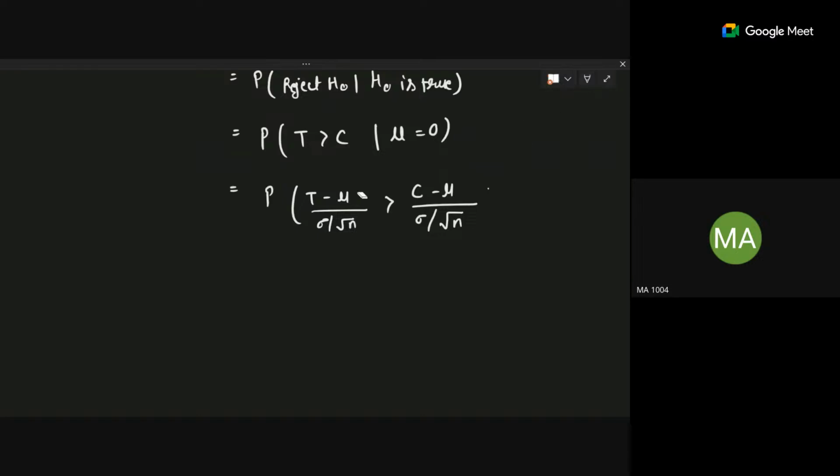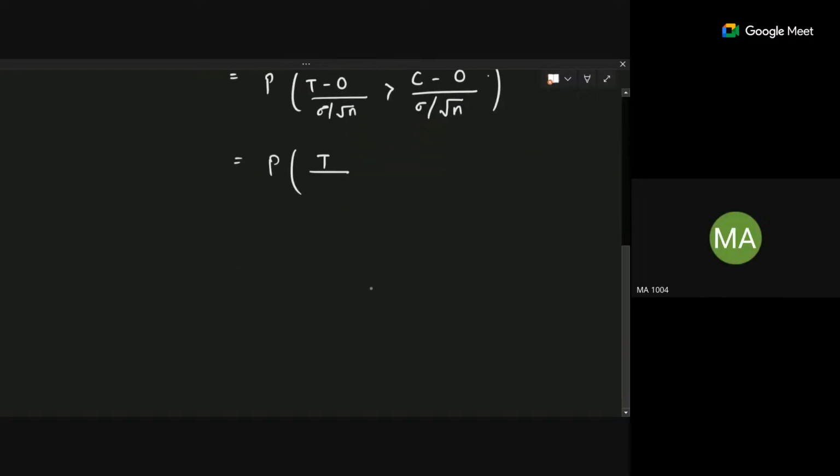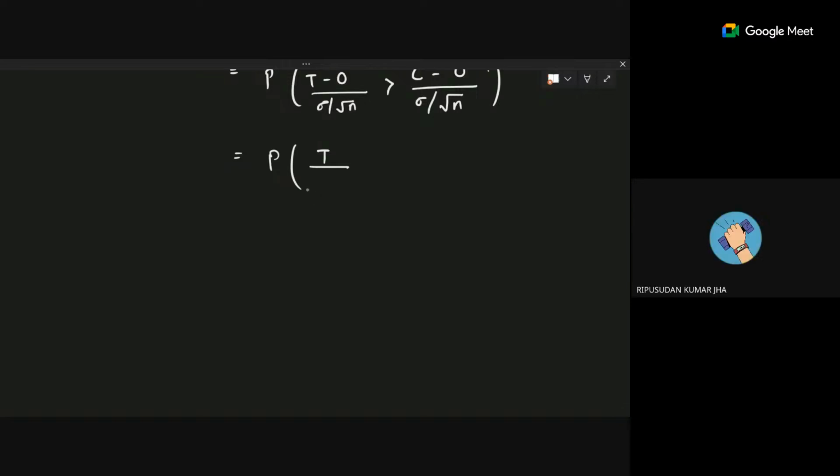This means we are taking 0, but why Z test? You could select T test also. The reason is sigma is known to us. Variance is known to us, so we'll go for the Z test. If variance was unknown, we would go for the T test.